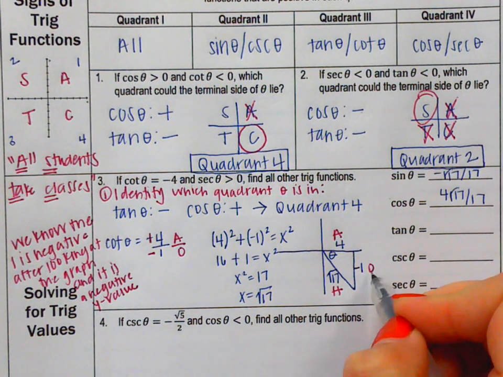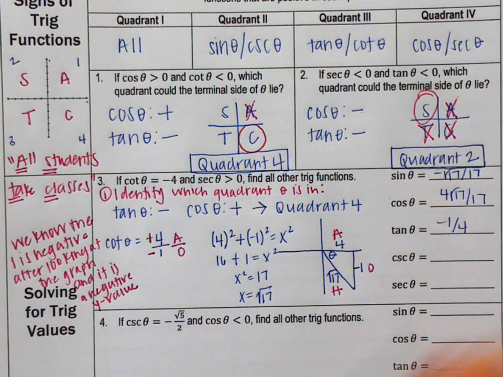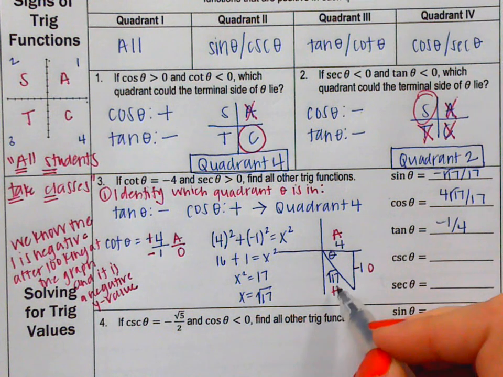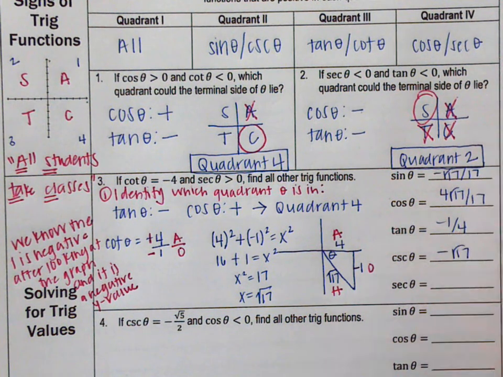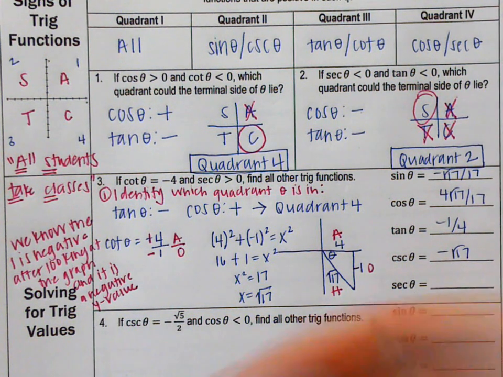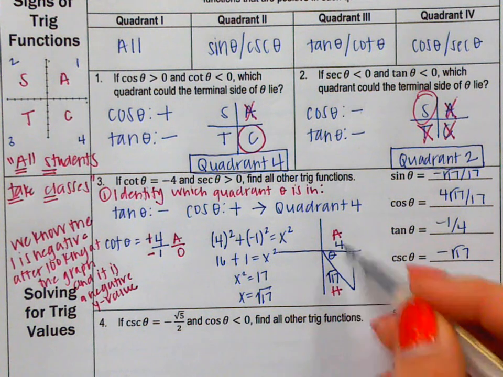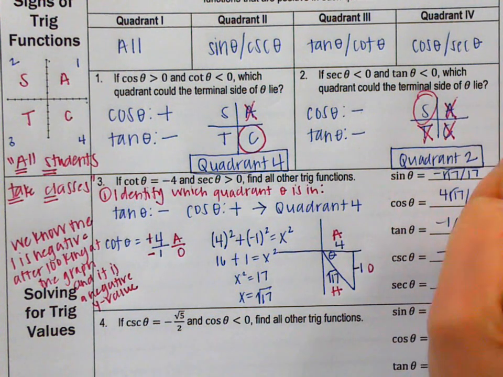Tangent is opposite over adjacent, so -1/4. Cosecant is the reciprocal of sine, so that's hypotenuse over opposite, so rad 17 over -1, which is just negative rad 17. And then secant is the reciprocal of cosine, so that's hypotenuse over adjacent, so rad 17 over 4.